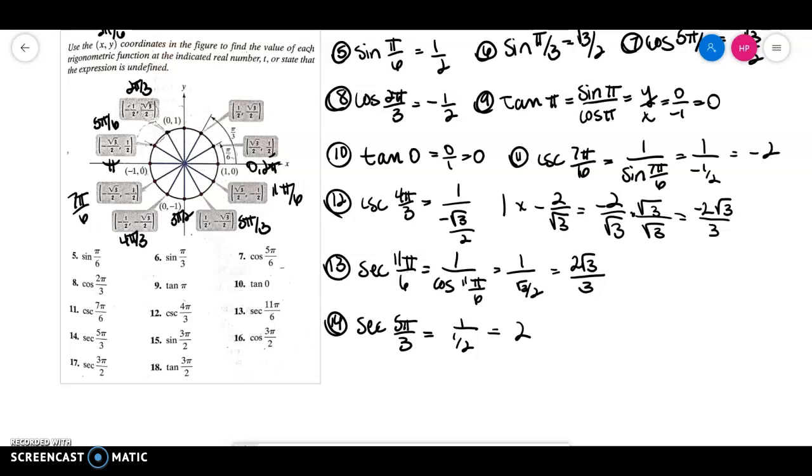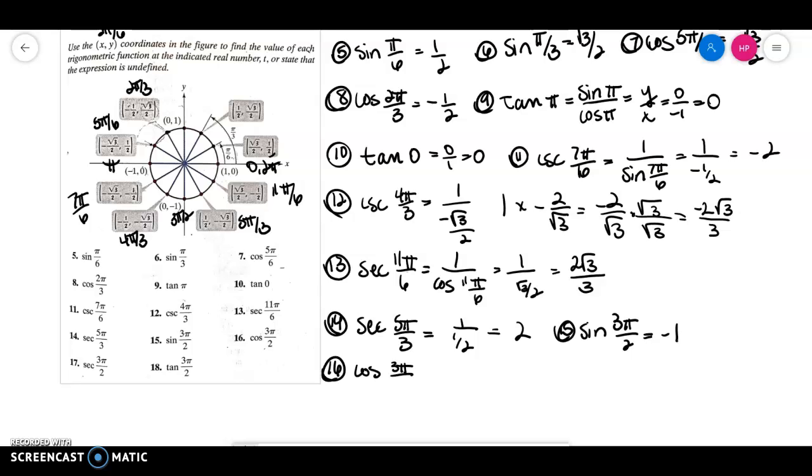Getting back to some easier ones, 15 is the sine of 3 pi over 2. And so the y-coordinate at 3 pi over 2 is negative 1. And then 16 is asking me for the x-coordinate there.